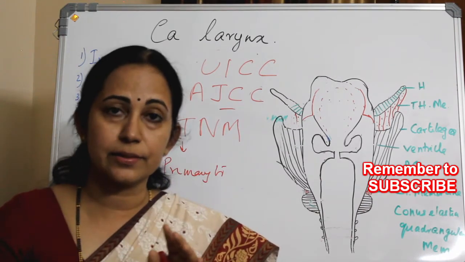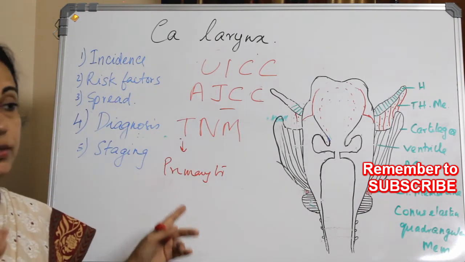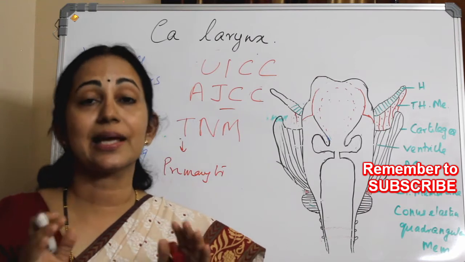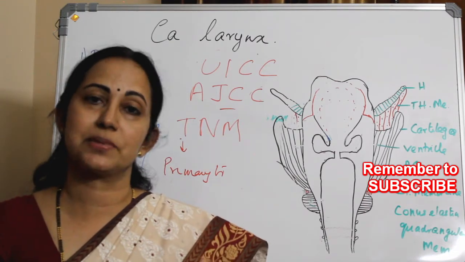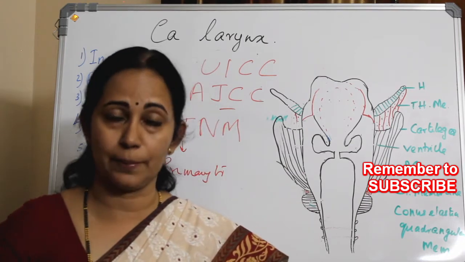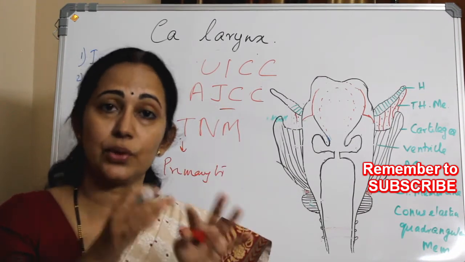For CA larynx, for this T staging, it is not the bulk or the size of the primary tumor, but the extent of the primary tumor or extent of subsite. I already explained there are supraglottis, glottis and subglottis, and there are subsites for each one.